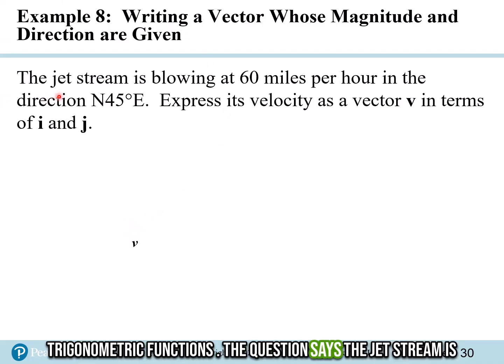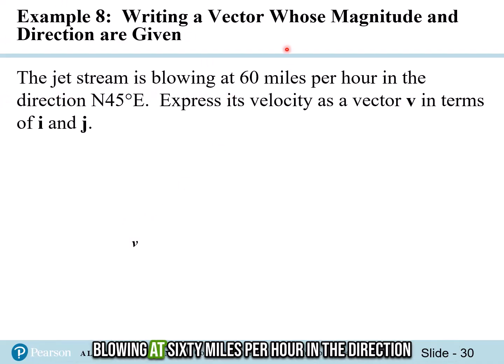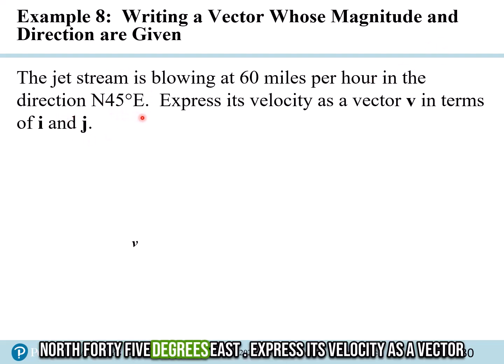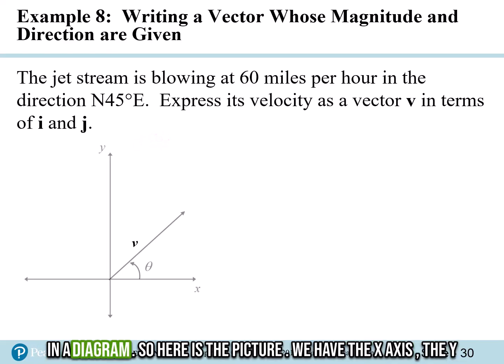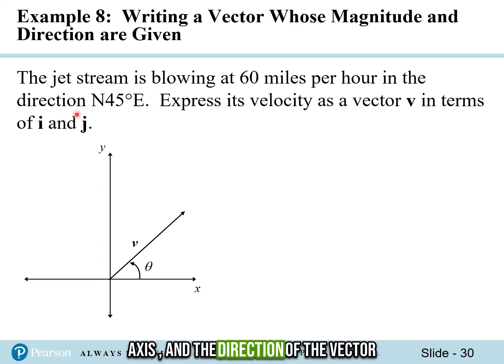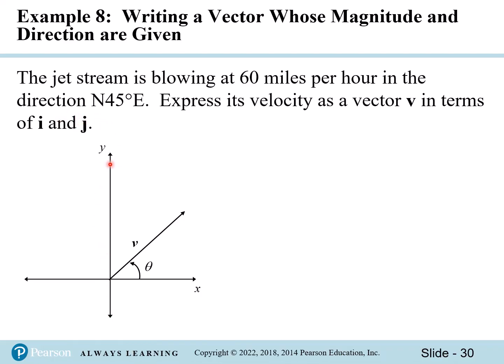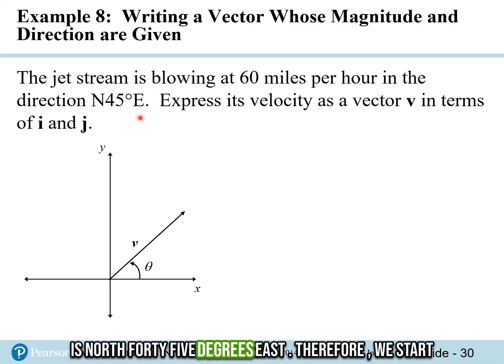The question says the jet stream is blowing at 60 miles per hour in the direction north 45 degrees east. Express its velocity as a vector v in terms of i and j. Now we are going to represent this vector in a diagram. So here is the picture. We have the x-axis, the y-axis, and the direction of the vector is north 45 degrees east.